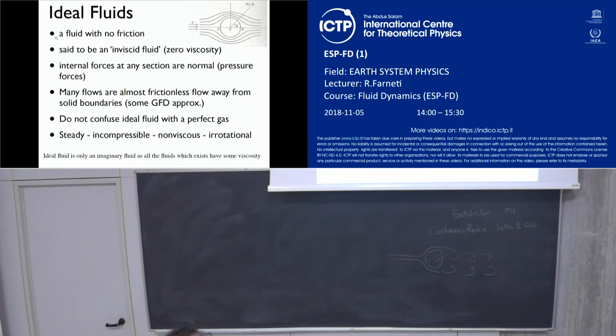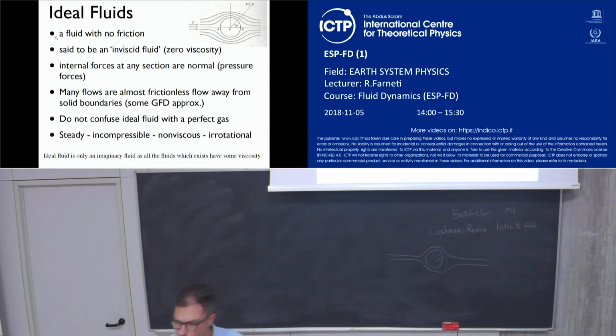One of the simplifications, very big simplifications you can do, is to study ideal fluids. An ideal fluid is a fluid with no friction. If you don't have any friction, and if you don't have any viscosity, then the fluid characteristics are the same at all times.